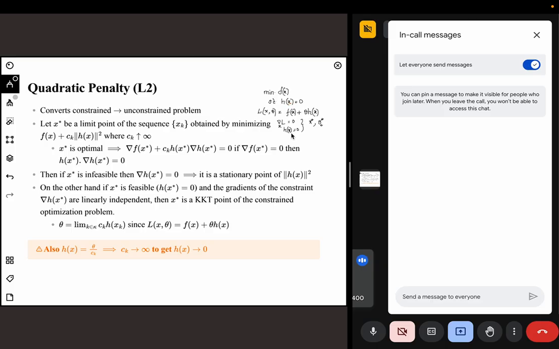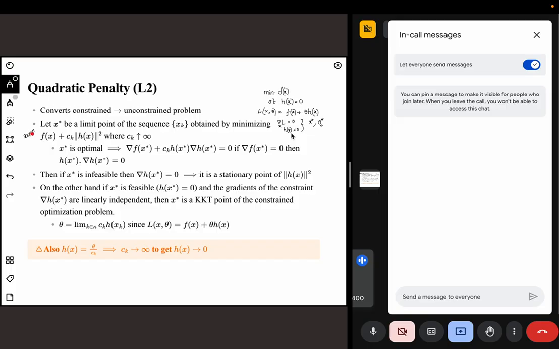In an indirect way, when this ck tends to infinity, the only way this entire function gets minimized is to make h of x equal to 0. Because there is a huge penalty for even a small positive value of this term, that will not be a minimum. So that's the whole idea. You don't have to specify this explicitly. If you take a derivative, this is an unconstrained problem. So here for this particular case, x belongs to Rn.